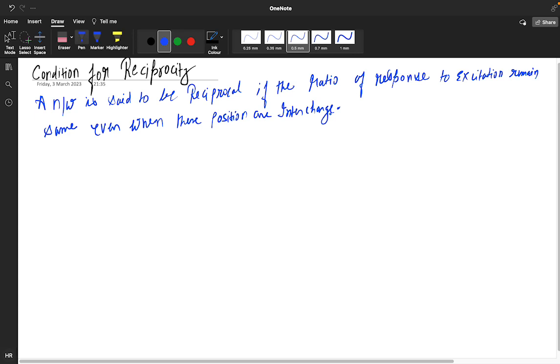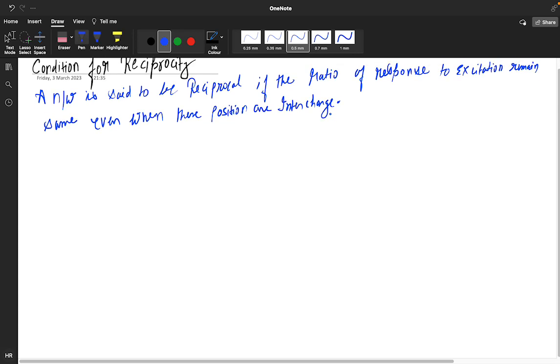Okay, so what I mean to say is that if you have a two-port network like this, V1 is equal to Z11 I1 plus Z12 I2, and V2 is equal to Z21 I1 plus Z22 I2.